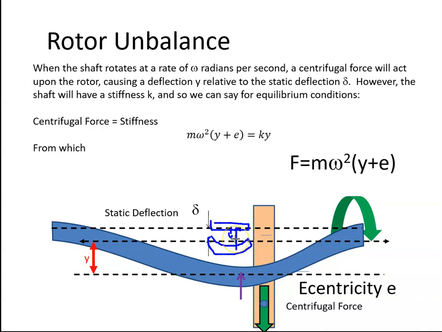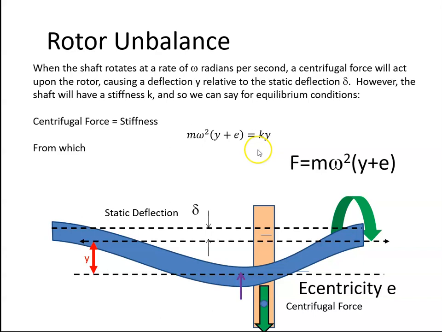So it has some springiness, K. And like any spring, if we stretch it down to this value y and we let go, there'll be a force forcing it to go back up. If I stretch it down a bit further, that force will be bigger and it'll shoot back up faster. So the force acting in this direction is the springiness of the shaft by its deflection y, how far we deflected.